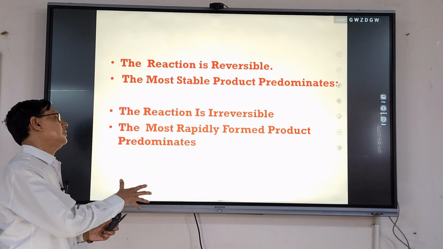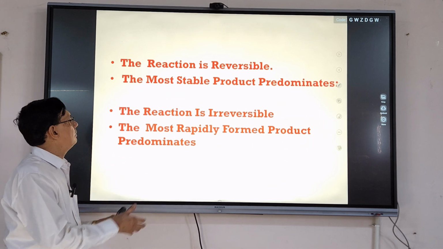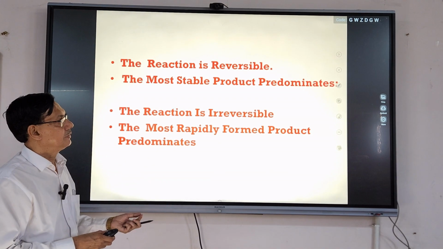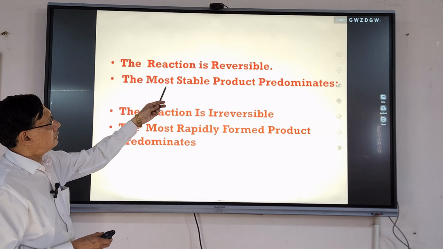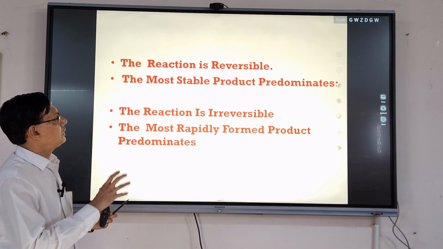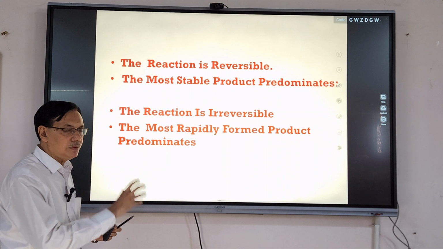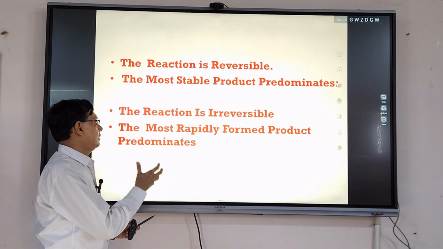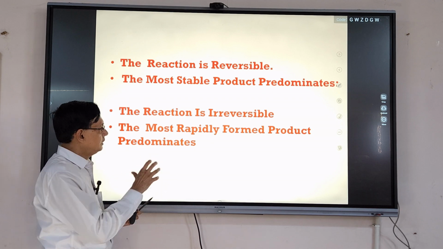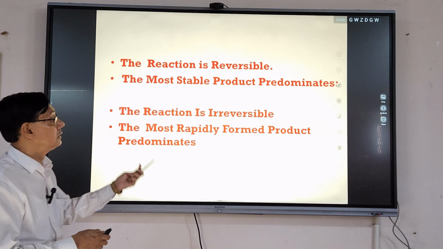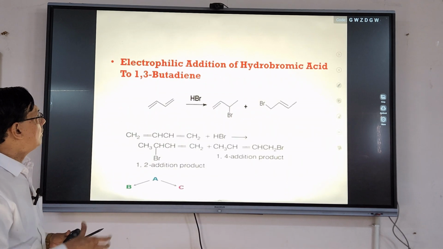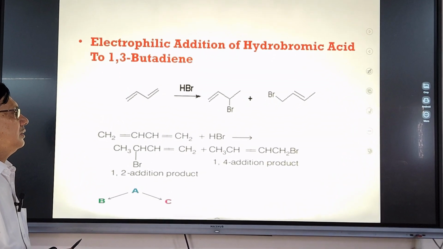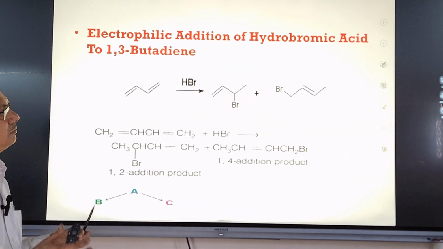On the contrary, if the reaction is irreversible, the most rapidly formed product is predominant. That means if the reaction is reversible, the outcome is controlled by the stability of the product, whereas if the reaction is irreversible, it is controlled by which product is formed first.